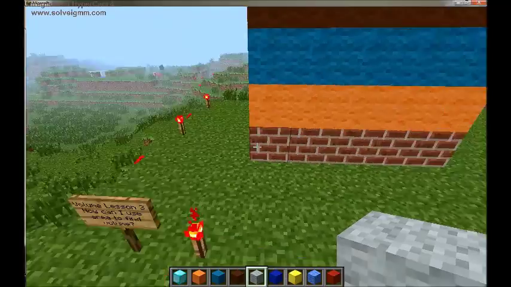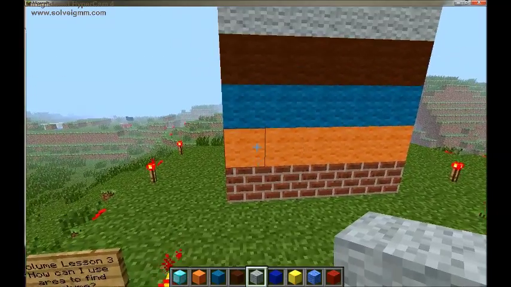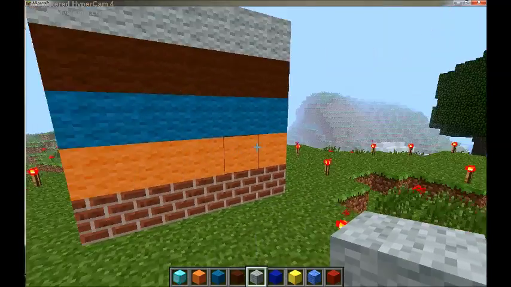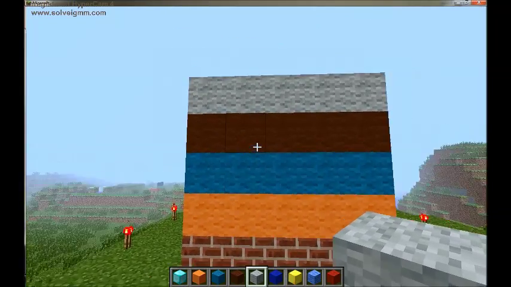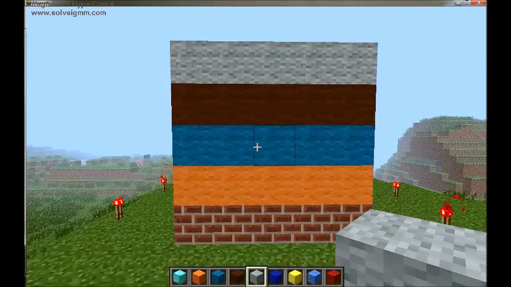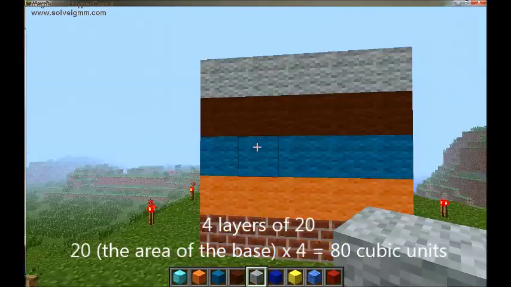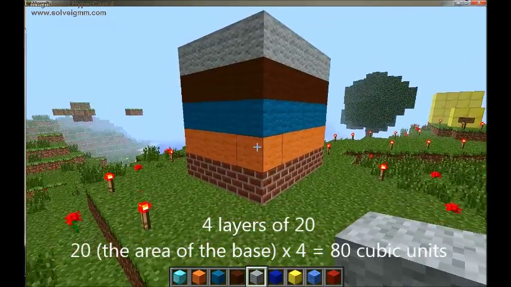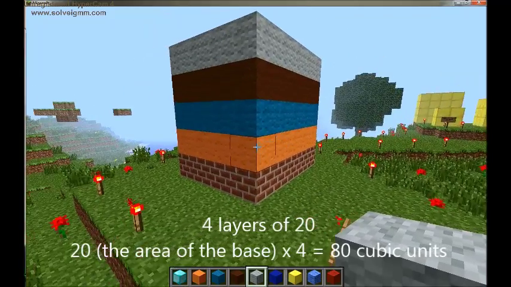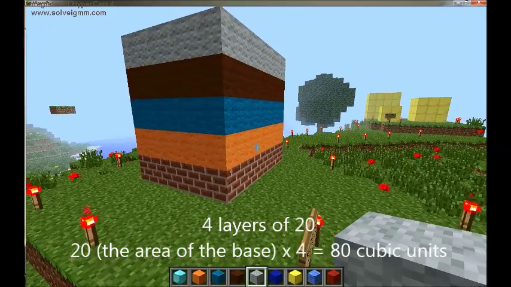So now, not counting the bricks because that was just my platform, I have 20, 40, 60, 80 cubic units. 4 layers with 20 units on each layer, and the 20 units came from the area of the base.